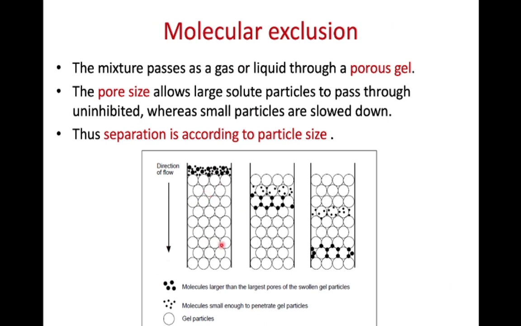This would be made up of our gel particles. You can see now, as the solute starts to go through the column, a separation of these particles. The molecules which are larger than the largest pores of the swollen gel particles pass through, whilst the molecules which are small enough can penetrate into the gel particles.